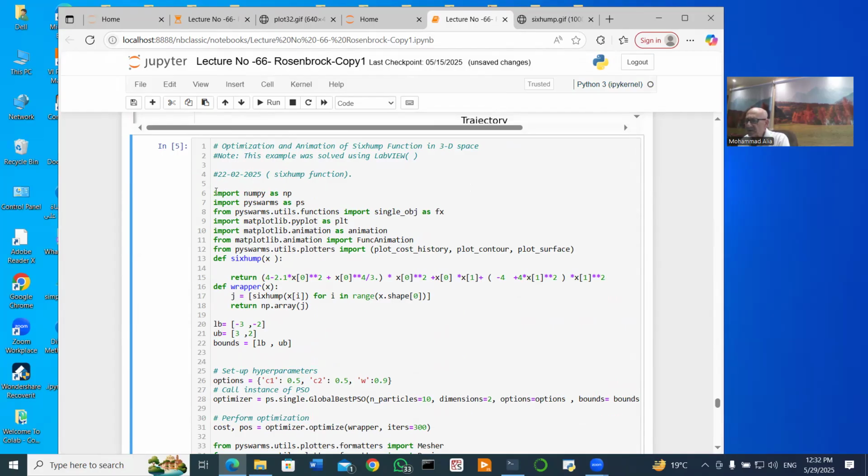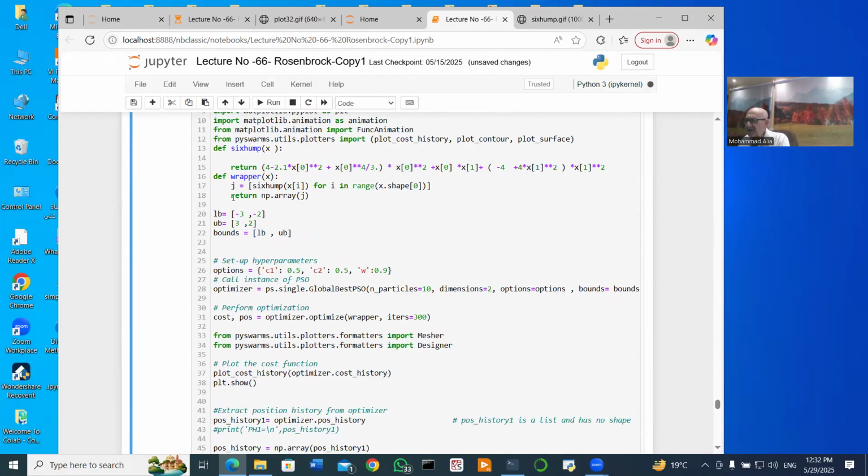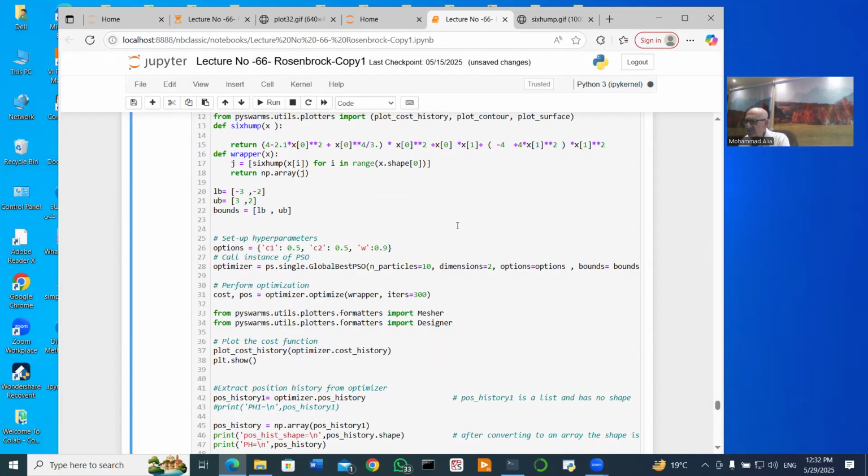So we have, as usual, imported all the necessary libraries and functions which are required. We have defined our objective function. We have defined the limits or the bounds of the function.